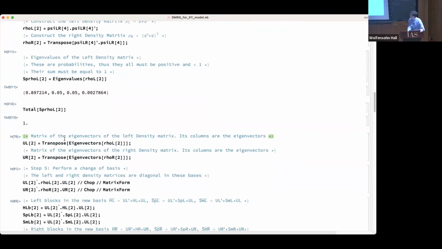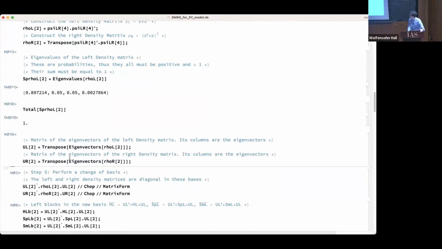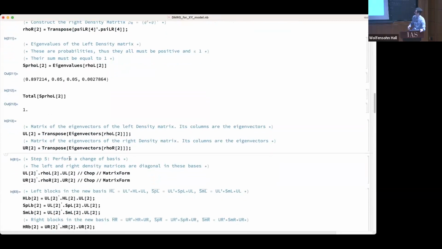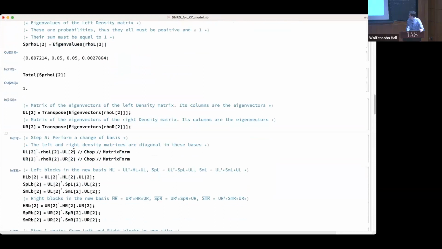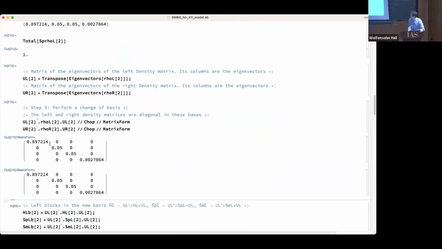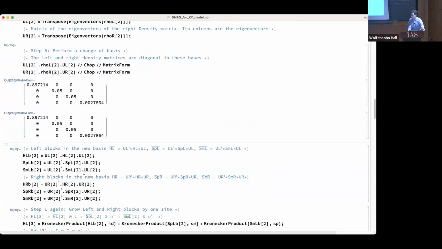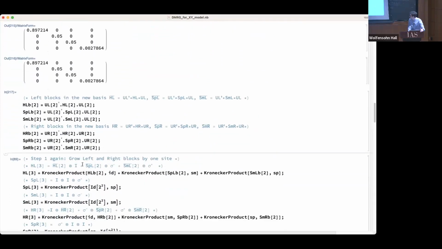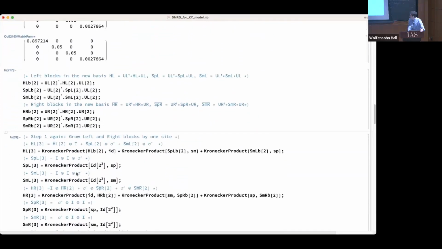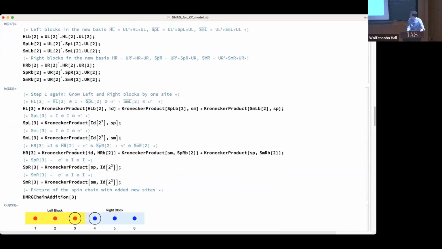So now you can build the matrices U, the matrices of the eigenstates of left and right, and then you can conjugate your density matrices with them, and you get diagonal matrices as you should. At this point, we don't do any truncation. It's just a very small system, so we can do everything exactly, but we can still pass to this new basis of density matrix eigenstates, define new blocks, and then start repeating the procedure again, growing blocks side by side.